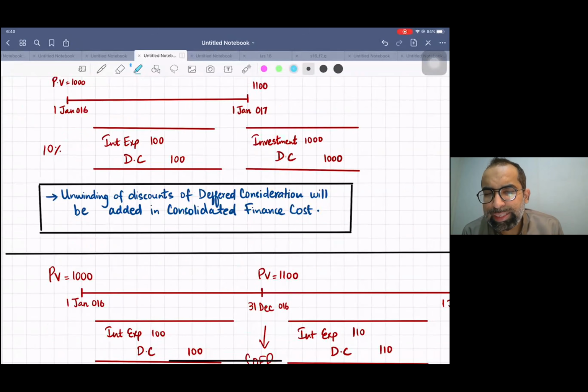Hope you remember, there is an interest expense, or unwinding of discount, arising in deferred consideration, and that unwinding of discount belongs to parent company, because P company promised S company shareholders for the payment. So this deferred consideration is the loan of parent company.